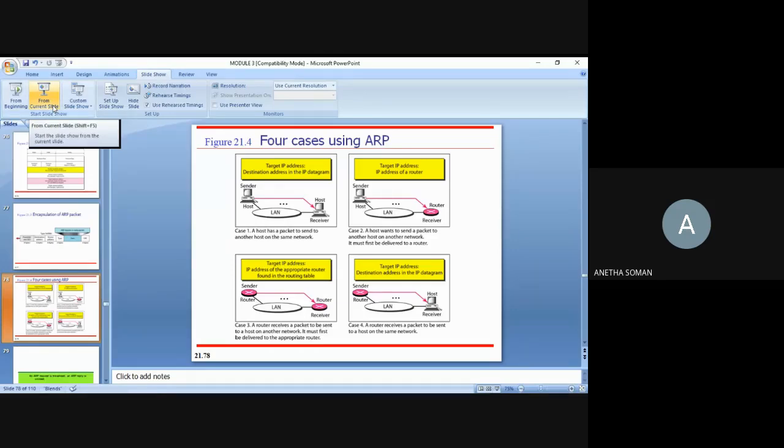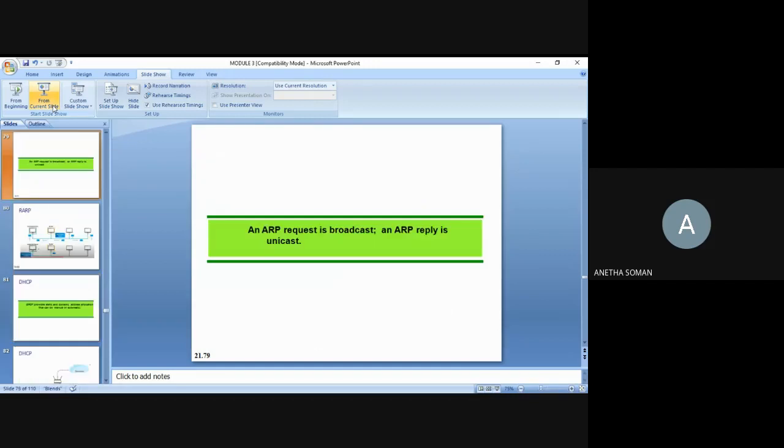So this is the first type of address mapping protocol, called ARP, Address Resolution Protocol. ARP request is broadcast and ARP reply is unicast. Is it clear for you? What is the importance of address mapping and what is the ARP protocol? Why is it used and how does it work?